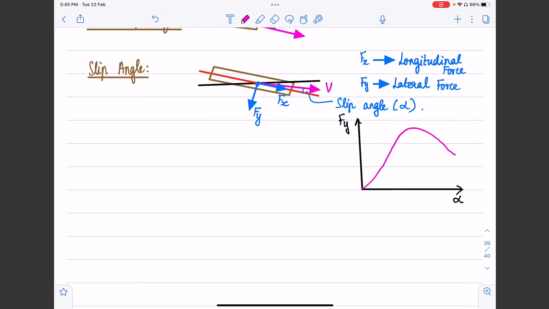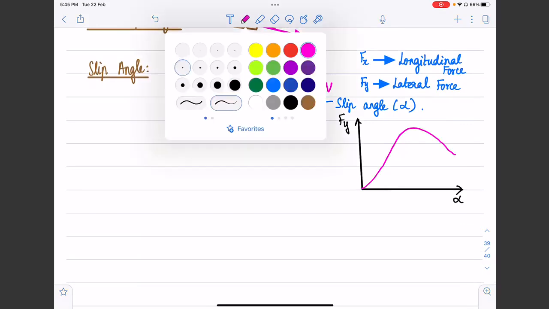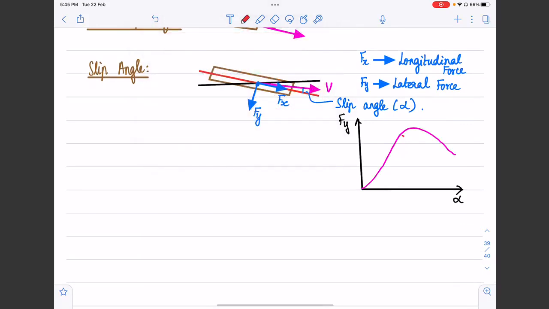In the initial part this is almost a linear curve, and this is what is called the linear region of the Fy versus alpha curve, the lateral force versus slip angle curve.